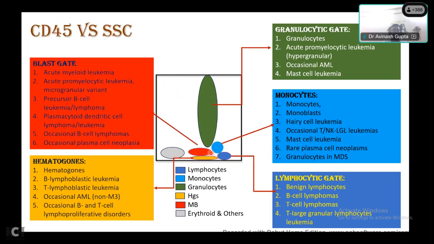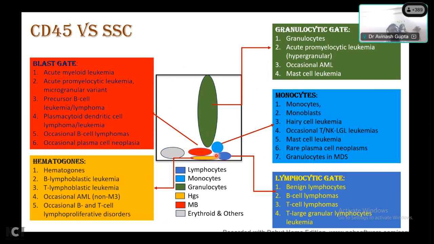Then the main population, with a little bit higher scatter than the hematogone population and CD45 dim, connecting with the neutrophilic or monocytic population, usually contains your myeloid blasts. In the hypogranular variant it will come like this, or some people say a teardrop pattern. Then precursor B cell leukemia lymphoma population may fall here because in some cases they might lose a little bit of CD45.